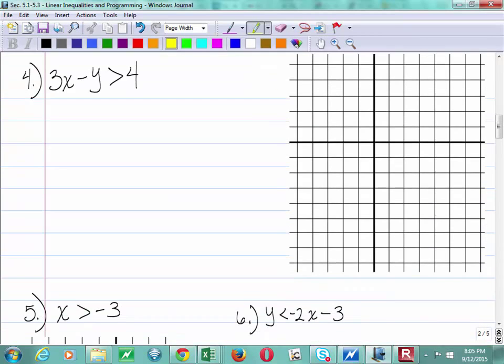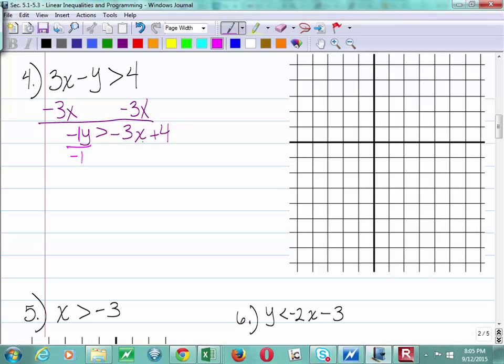Alright, number 4, we're going to get it in slope-intercept form. So subtract 3x from both sides, and then we get negative y is greater than negative 3x plus 4. Negative y is the same thing as negative 1y, so we need to divide both sides by negative 1.